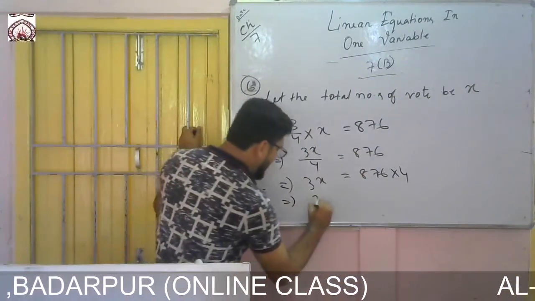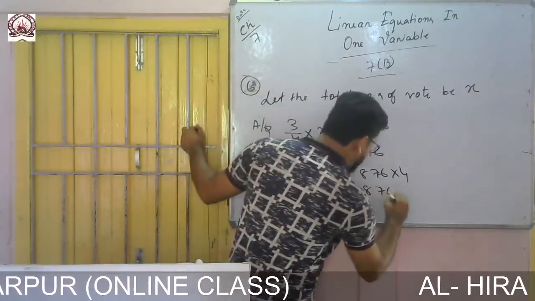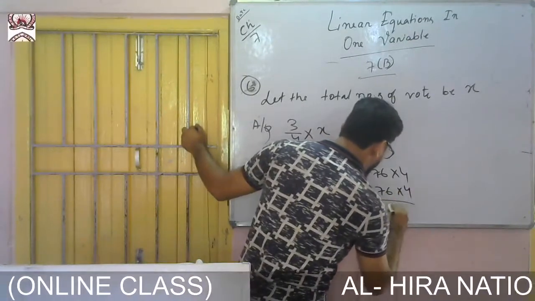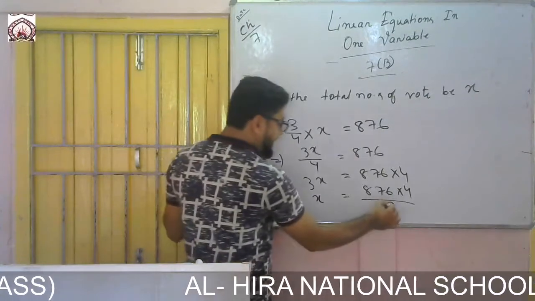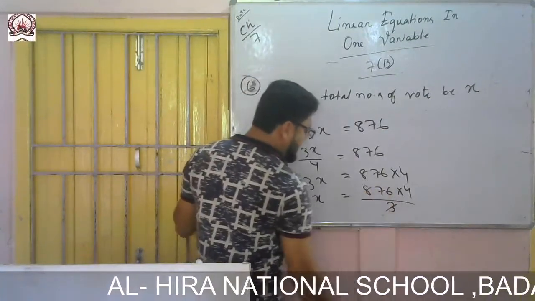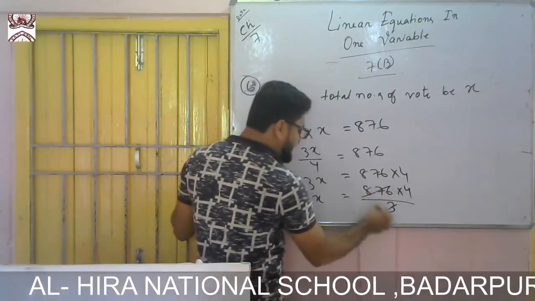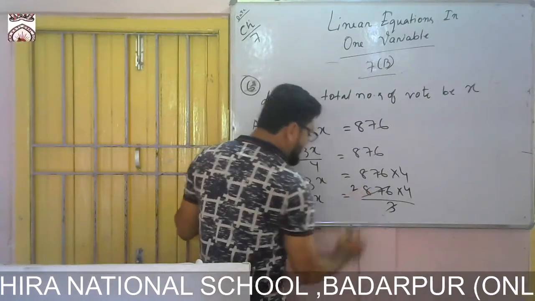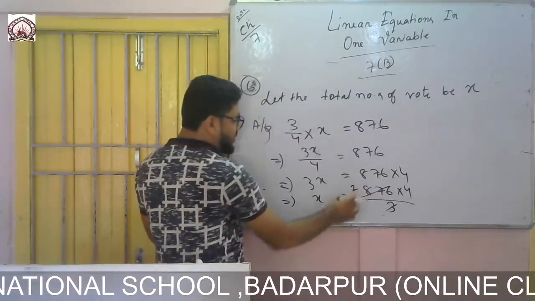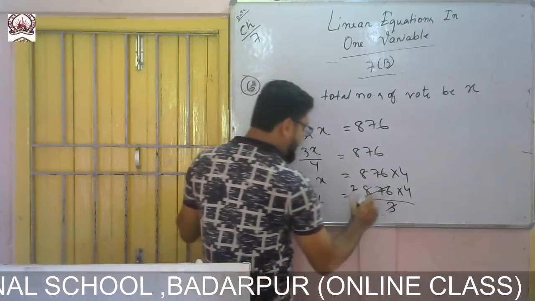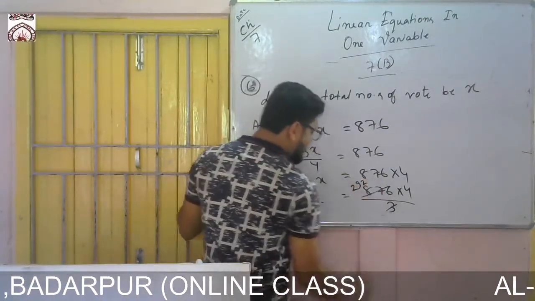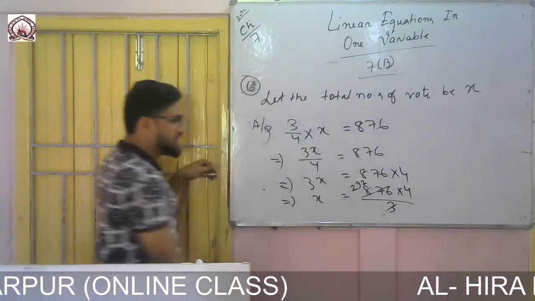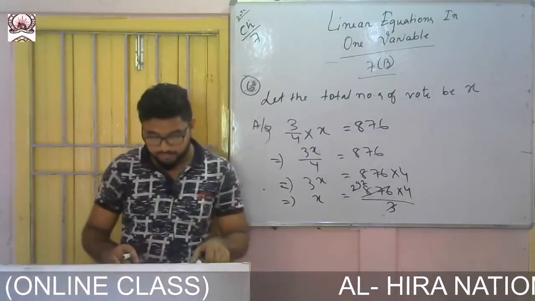Now x equals 876 into 4 divided by 3. Now you can cut it. 3 2s are 6, 3 3s are 9, 3 2s are 6. Remain 2, 27. So 3 9s are 27. Remain 2. 3 2s are 6. So 292 into 4.